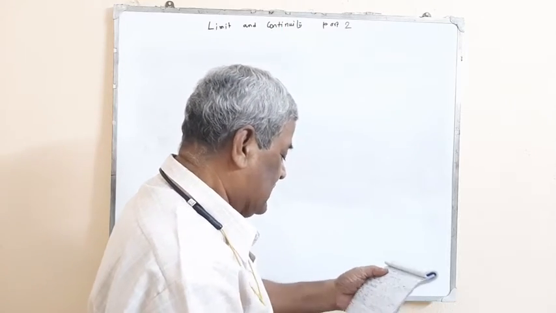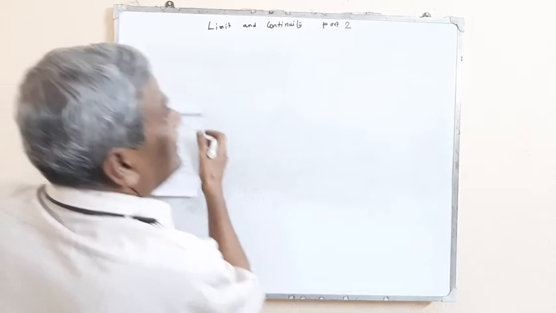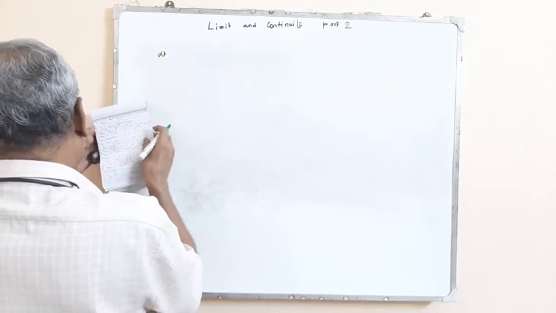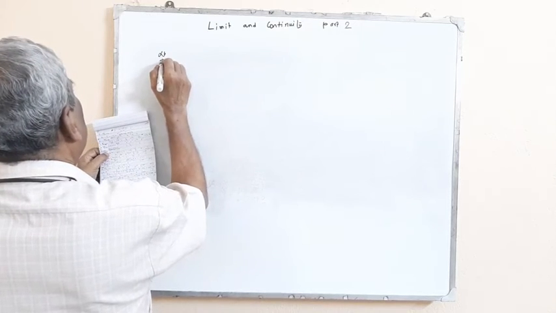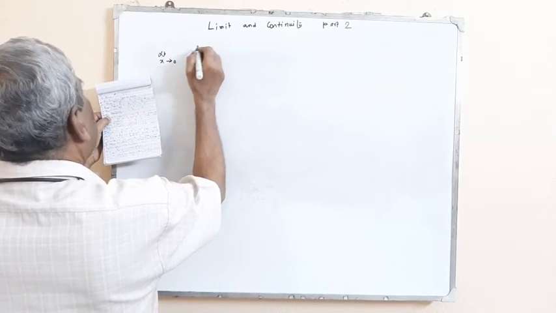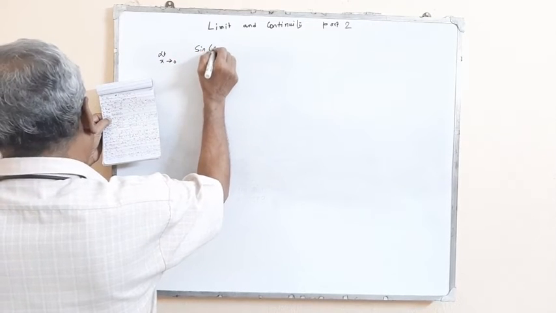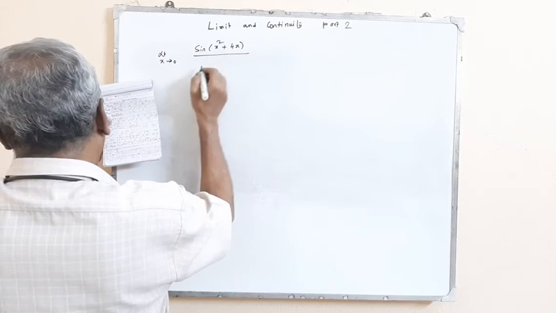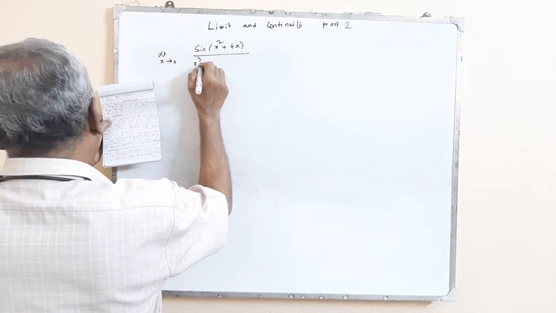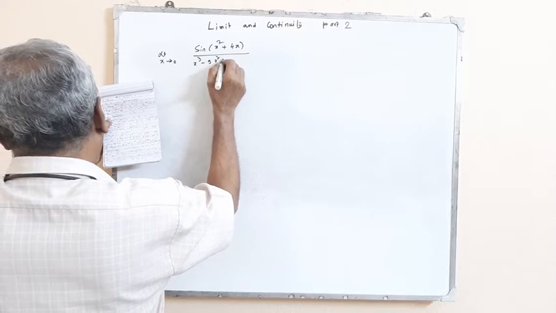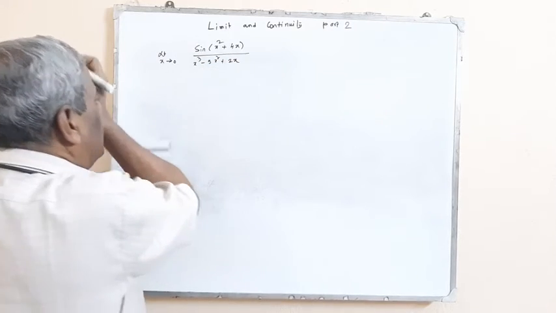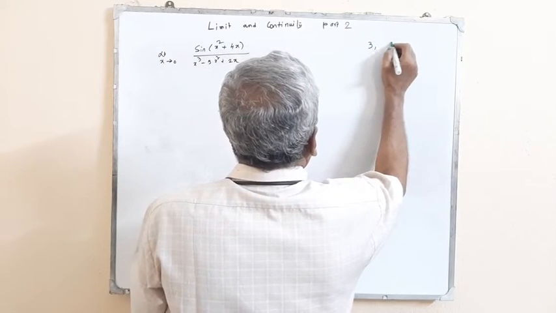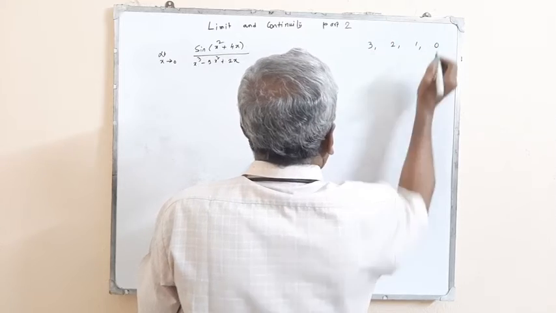Let us take the first problem: limit x tends to 0 of sine of (x square plus 4x) divided by (x cube minus 5x square plus 2x). Options: 3, 2, 1, 0.